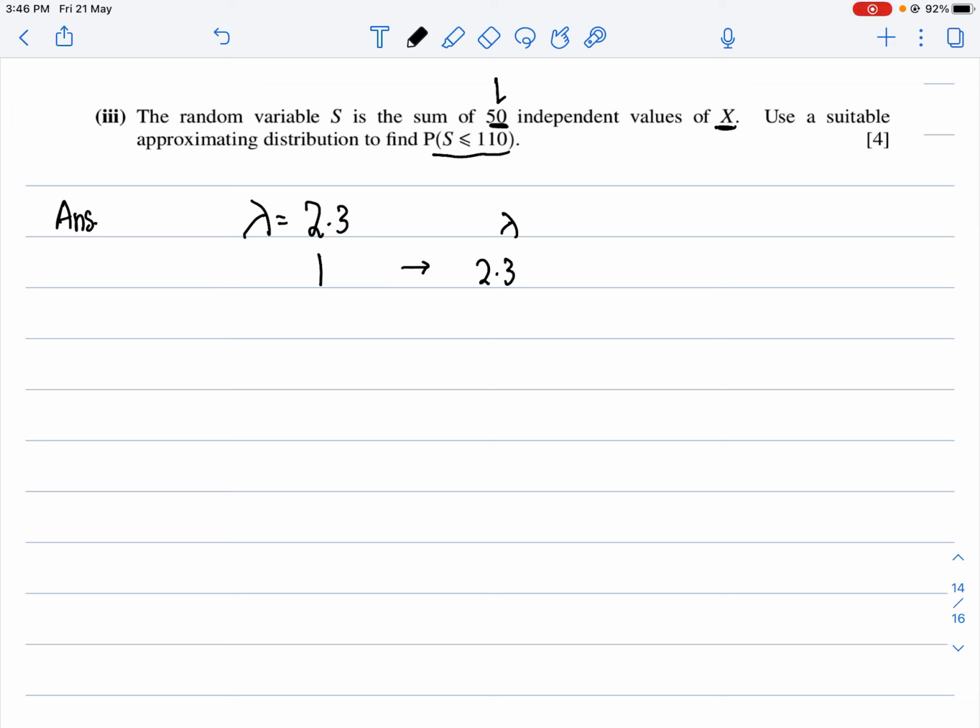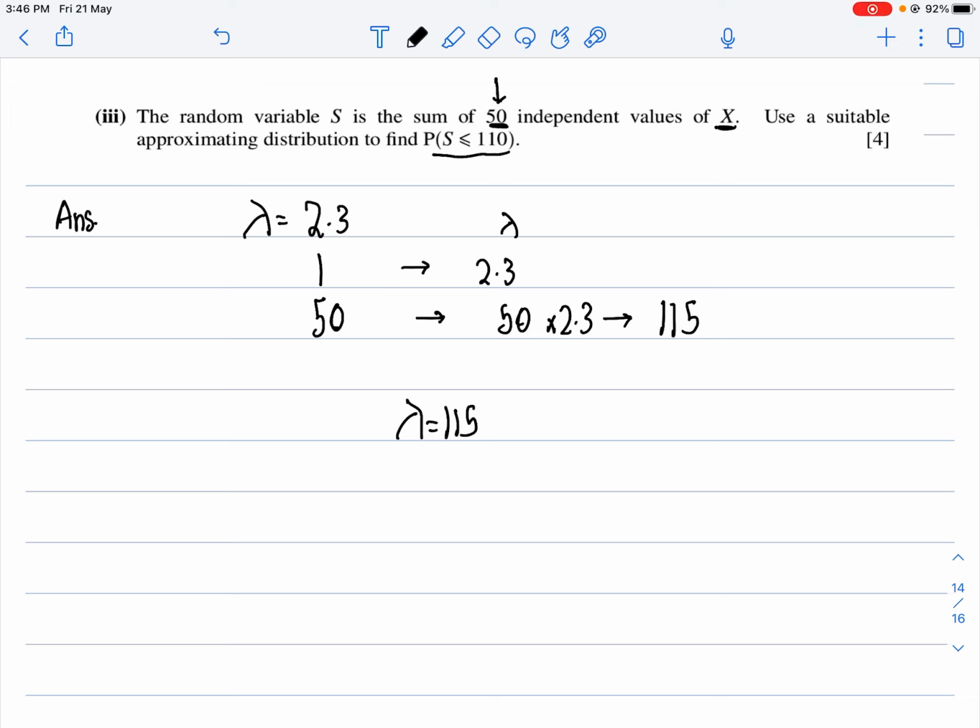Now there are 50 values, so my lambda will be 50 into 2.3, which on the calculator gives 115. That means my lambda now is 115.